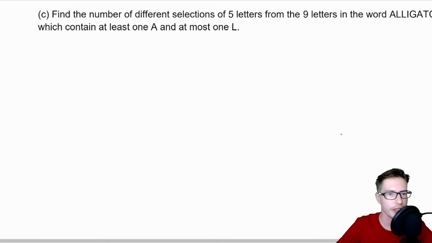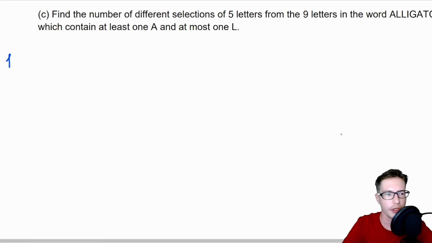And finally, the very last question. We're going to select 5 letters, and our selection must contain at least one A and at most one L. So let's carefully write down all possible scenarios.